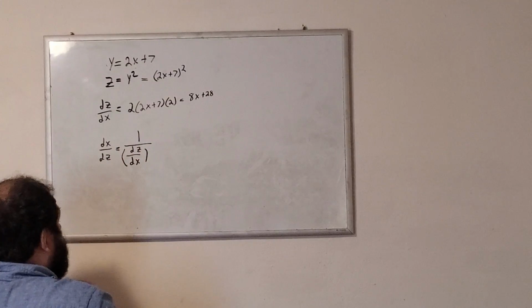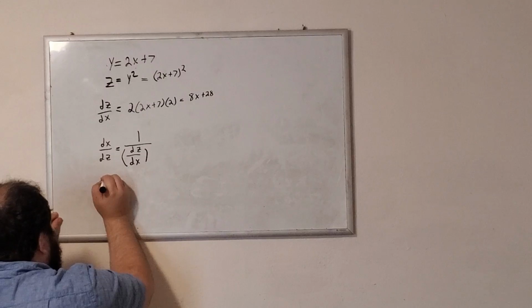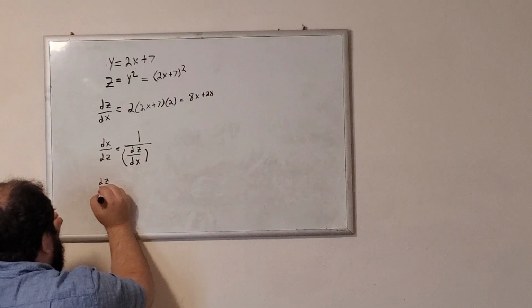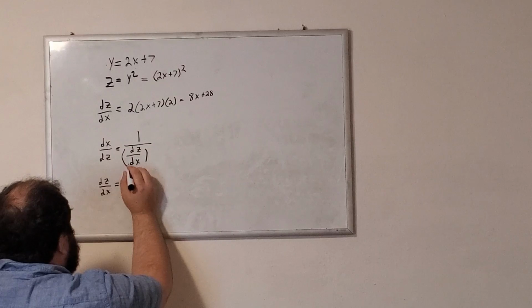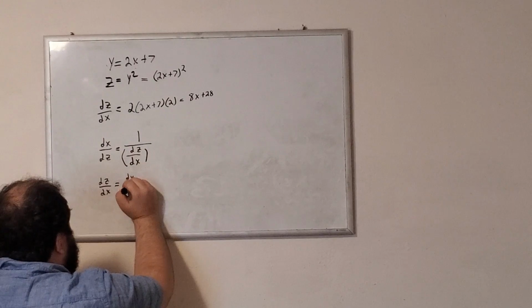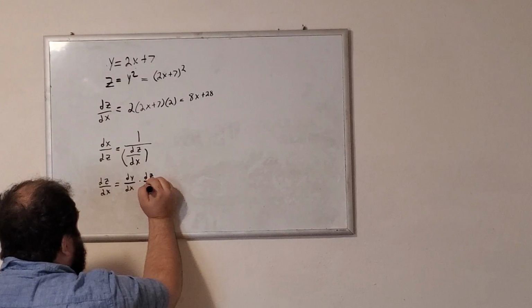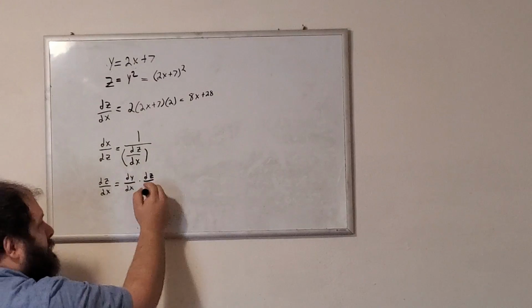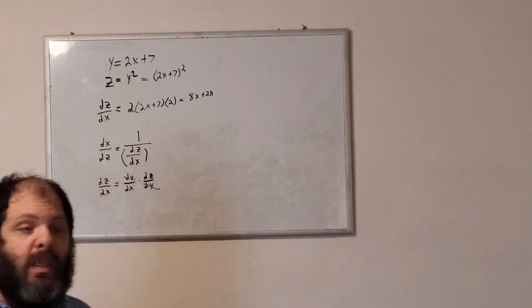We can also do things like dz by dx equals dy by dx times dz by dy, because these would cancel just like they do in fractions.